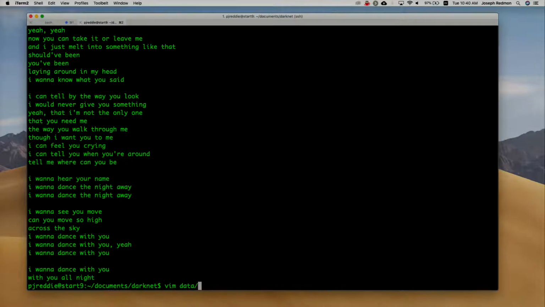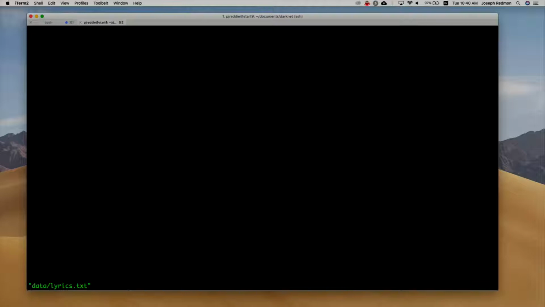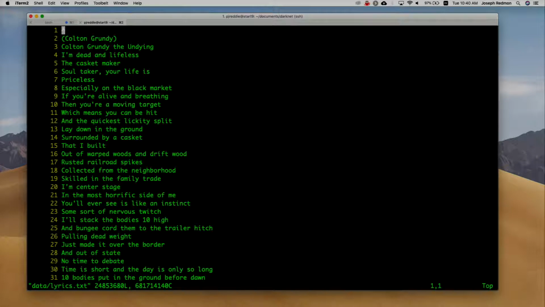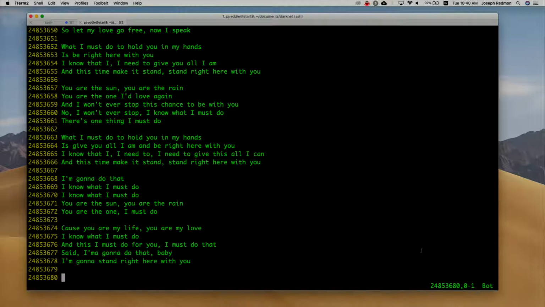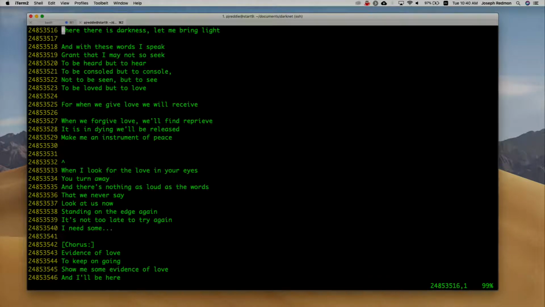Let's see how long it takes to load. This file was larger than I thought. Okay, so it has 24 million lines of lyrics, from all sorts of different artists and genres.